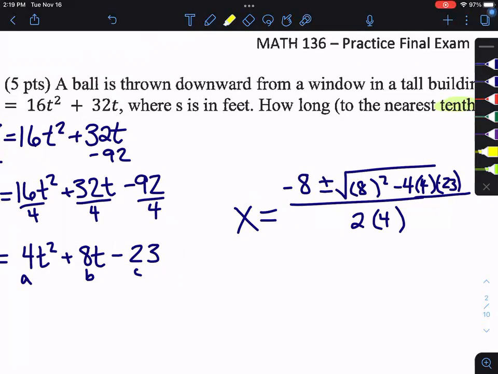When I have my students here in Muncie do this, we always type this part into our calculators. So we're going to take 8 squared minus 4 times negative 23.